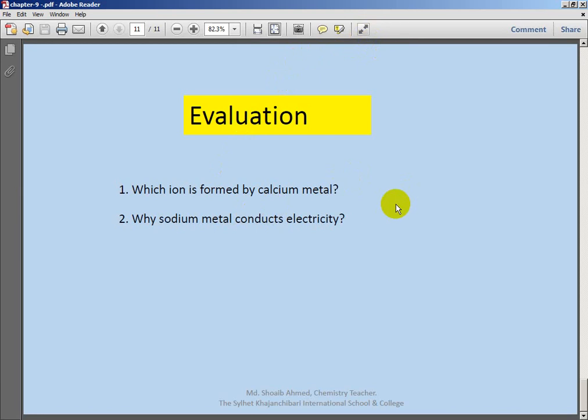Positive. I know positive. So which ion is formed by calcium metal? Mg2+, Mg+, Ca+, Ca2+. Ca2+. Good.